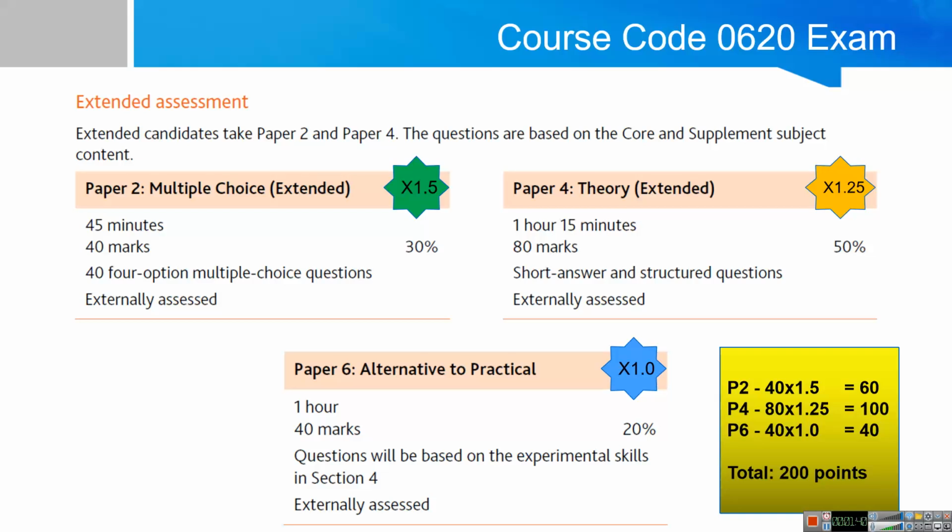That means if you lose 3 marks in paper 6, you have lost only 3 points in total, right? But if you miss 3 MCQs, now look at this weightage, MCQs are more important than the other 2 papers, right? If you lose 3 MCQs, then you will probably be losing 7 points in the long run. No, 6 points, right?